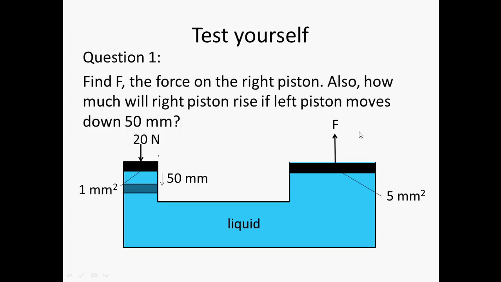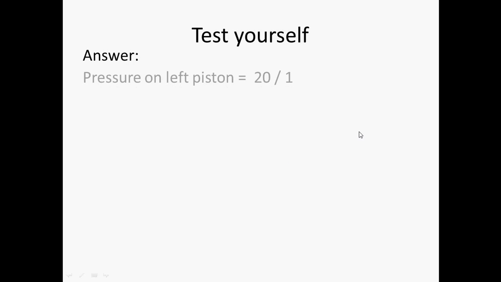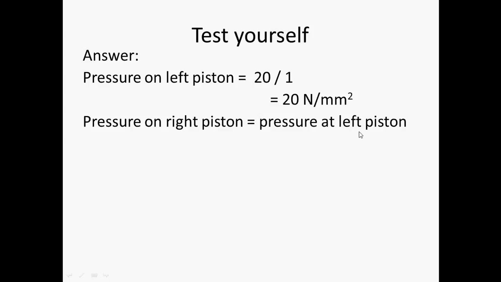Okay, so have you solved the question already? So let's go to the first part, which is to find the force F. The pressure on the left piston will be equal to F over A, which is 20 Newton divided by 1 mm square. So you have a pressure of 20 Newton per mm square. This pressure is transmitted equally throughout, so the right piston will have the same pressure as the left piston, 20 Newton per mm square.